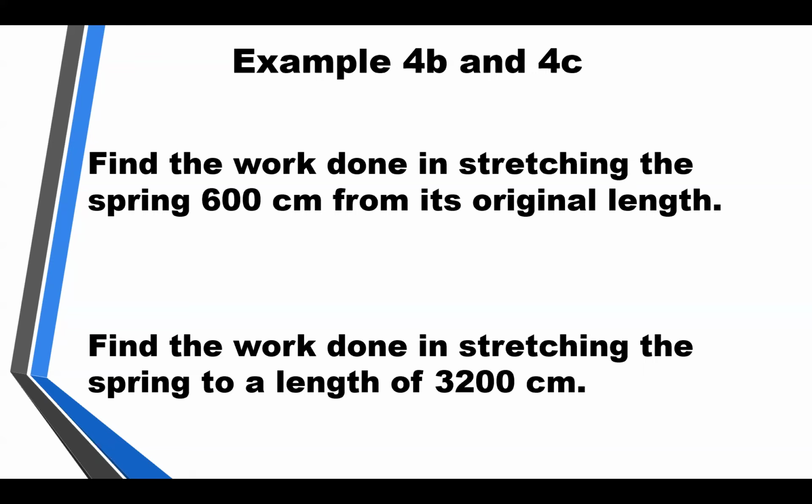So we want to find the work done in stretching the spring 600 centimeters from its original length. Then we want to find the work done in stretching the spring from its original length to a length of 3,200 centimeters.